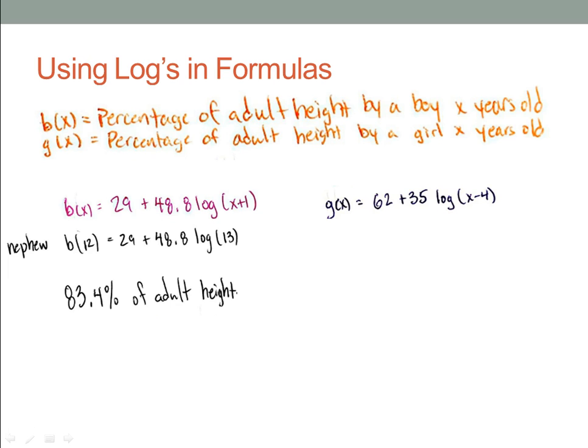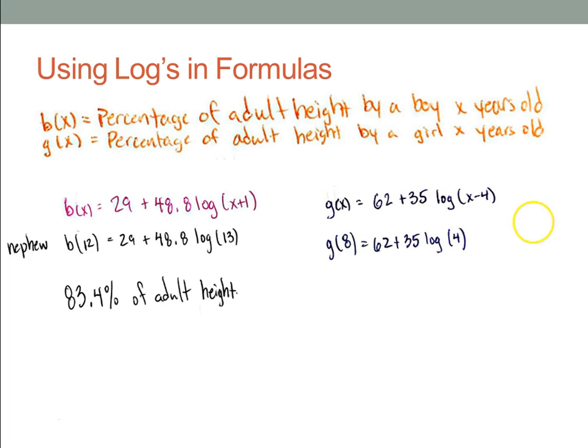And I can use the same idea to model the height of my niece. This is the function g of x equals 62 plus 35 log of x minus 4. Again, this implies immediately that we can't have any idea how tall a girl will be until after the age of 4. And she is 8 years old.